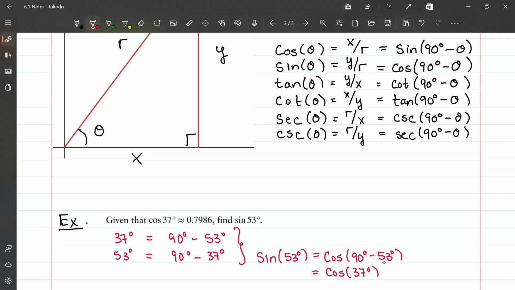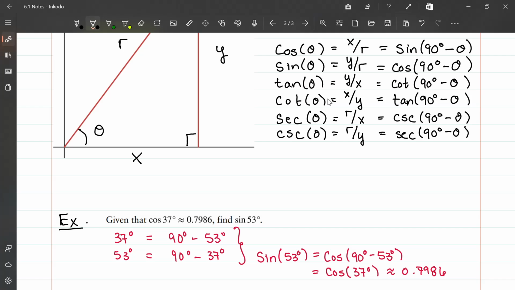And we've already been told what cosine of 37 degrees is approximately. It is 0.7986. And there you go. Calculation done.